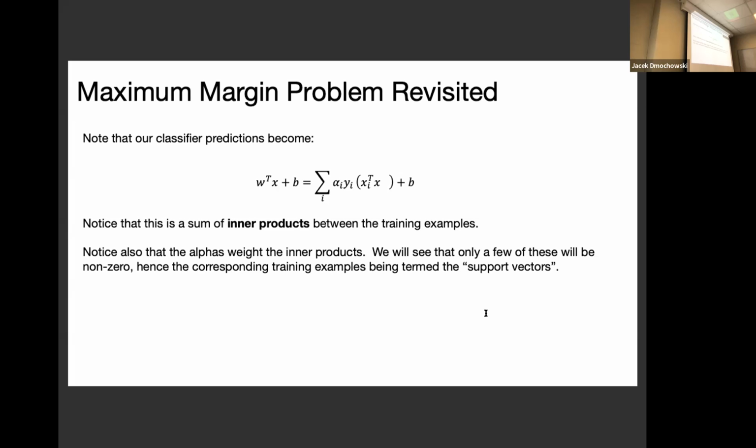So in other words, what this is doing is essentially comparing your new data point to your training set, and figuring out which examples in the training set it looks most similar to.